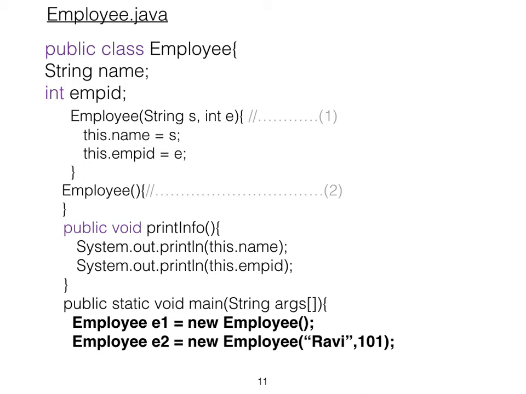One object is being created using default constructor, and one object is created using parameterized constructor. So this is the advantage. We can create objects in many ways using different constructors.